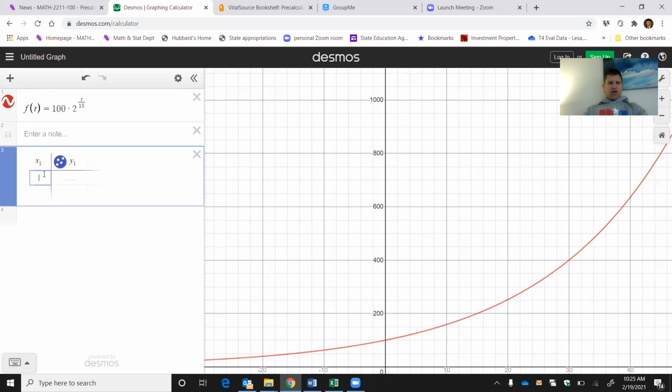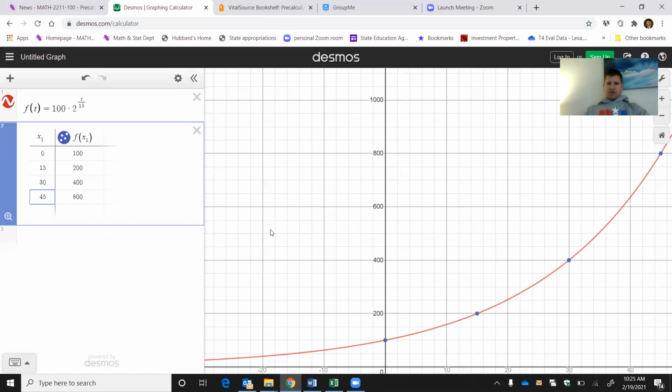And then you could say, hey, at 0, f of 0 is 100 at time 0. At 1, you can see we're a little bit higher, but at 15, you're up to 200. What happens at 30 years? Well, the population is doubled again. And at 45 years, the population is doubled again. And all of a sudden, even though gazelles are so pretty, they start to be a pest.